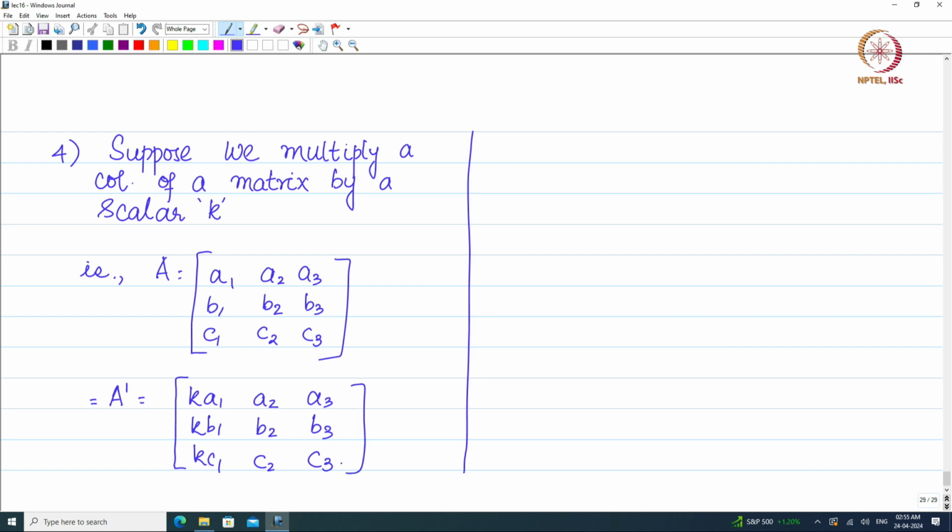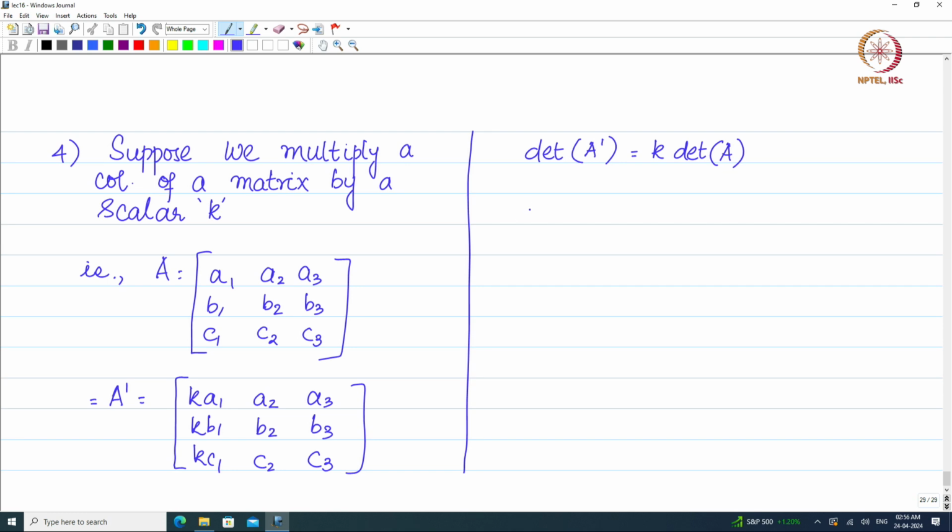So, the determinant of A prime is basically k times the determinant of A. This is something which we can verify.